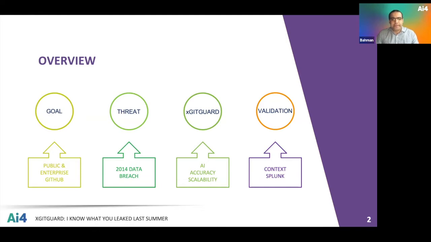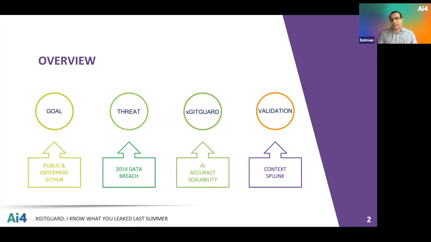XGITGuard is a successful application of AI in cybersecurity. It uses machine learning algorithms and text processing algorithms that we have developed ourselves, and it helps us find these secrets accurately in an agile way in a very short period of time, from the time that the secret has been exposed publicly to the time that we detect it.